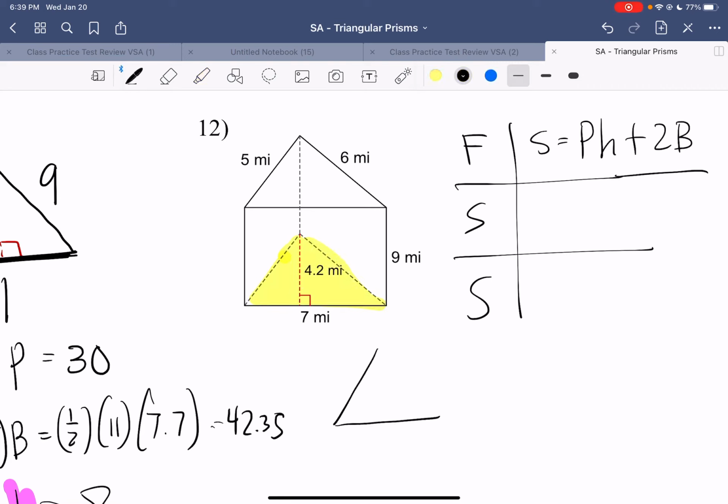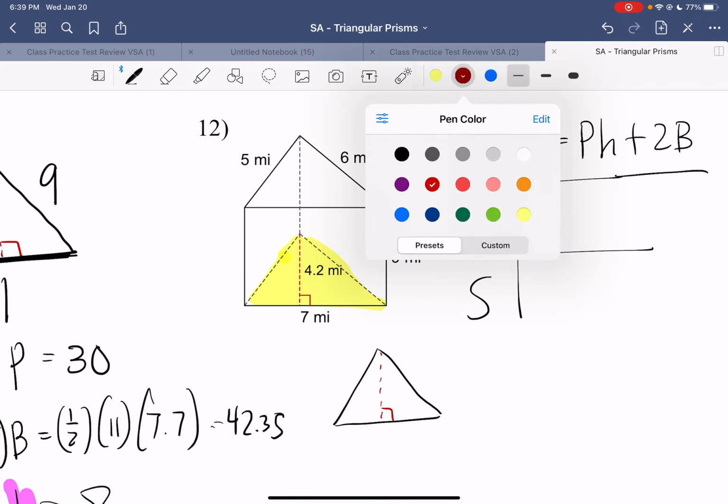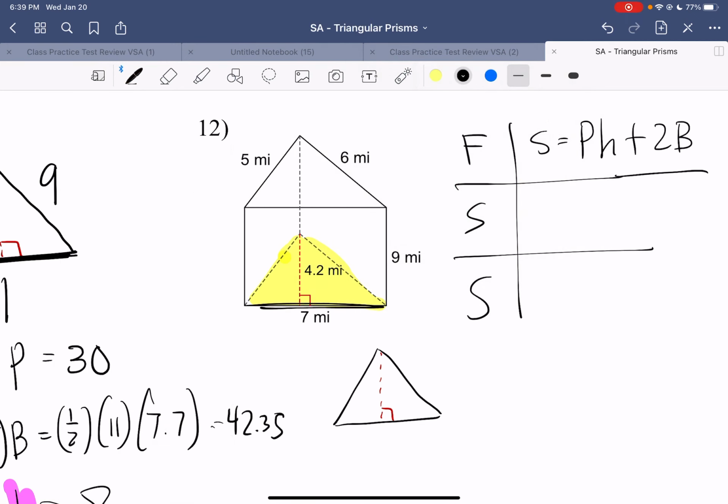So again, I'm going to orient it like this. So we have the 7 along the bottom, the 5 is here, and this line here is going to be 6, and then the 4.2 is this height here.